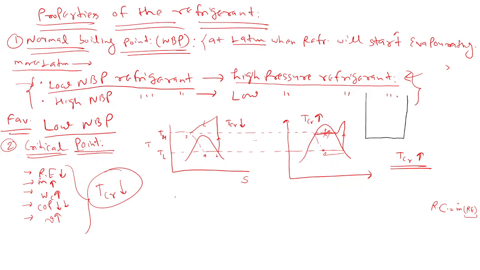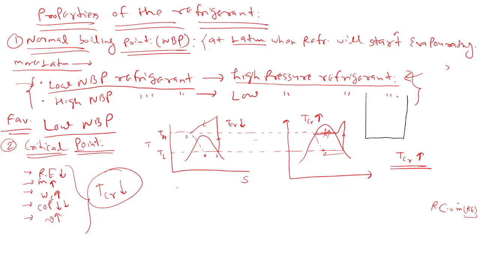So for water, what is the critical temperature? For water, it is close to 373, I think. I forgot exactly, but it is close to 370 something. So actually it is very high.